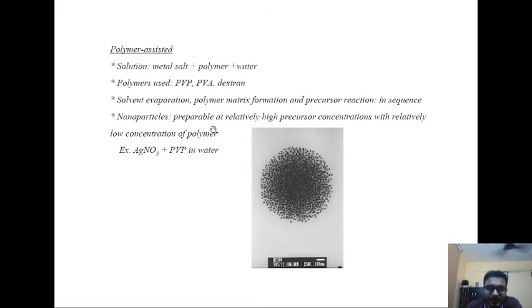Nanoparticles are preparable at relatively high precursor concentrations with a relatively low concentration of polymer, and the example given is AgNO3 plus PVP in water. So here we are ending this portion on thermal or chemical decomposition of precursors of metal and organics. Now we will go into the syllabus.